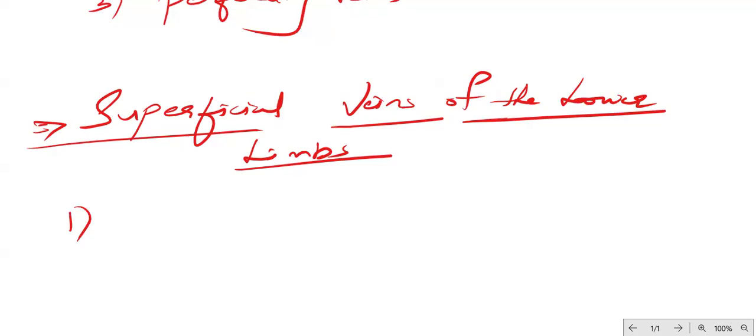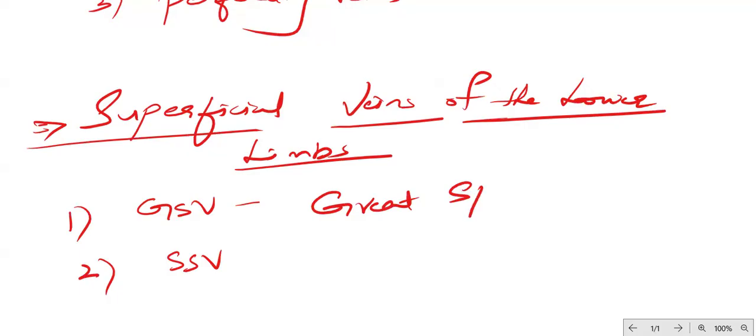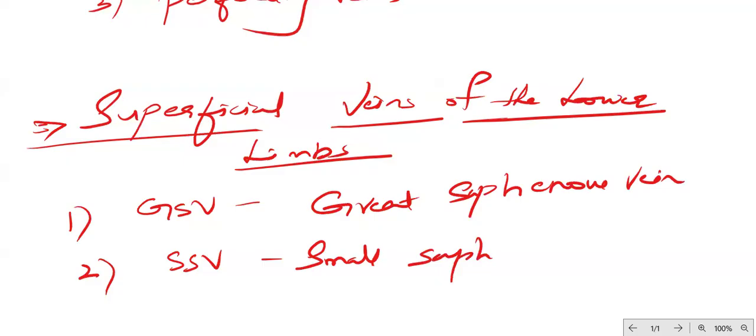One is GSV and second one is SSV. GSV means great saphenous vein, and here, small saphenous vein. So we have two types of veins.